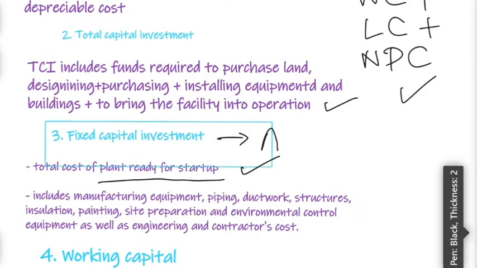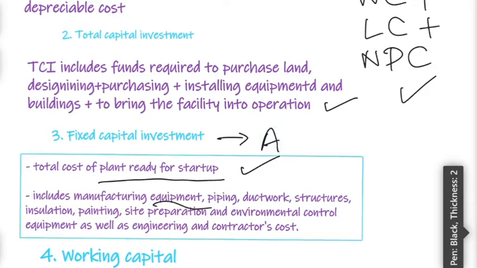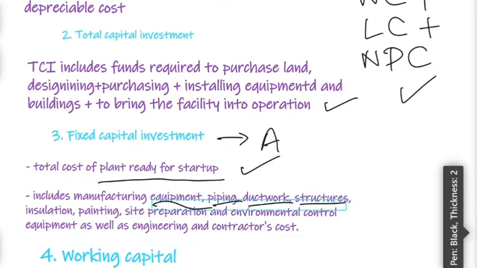The word fixed comes from all the things that are stationary or non-living, which are included in this cost, like equipment cost, piping cost, ductwork cost, structure cost, insulation and painting. All these costs are investments which cannot give a return.